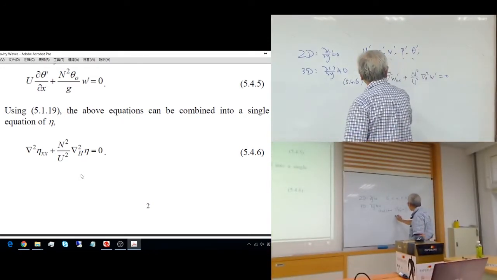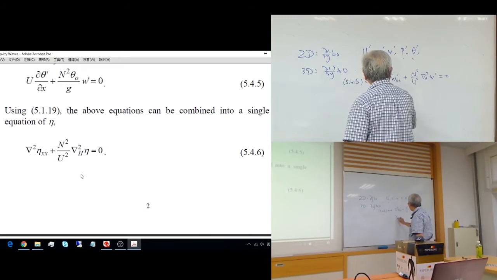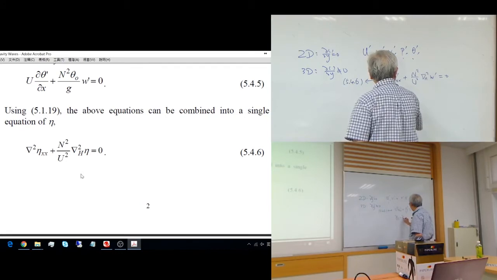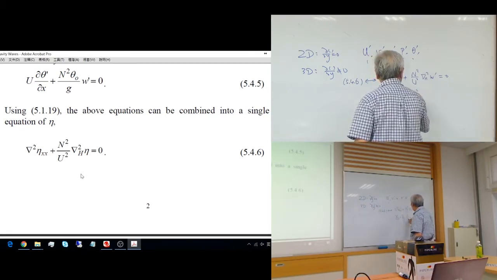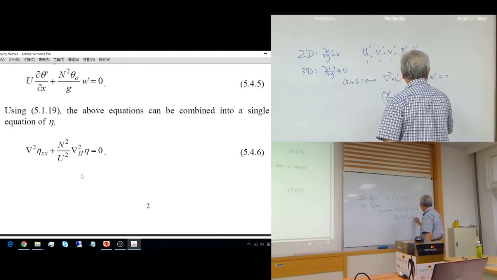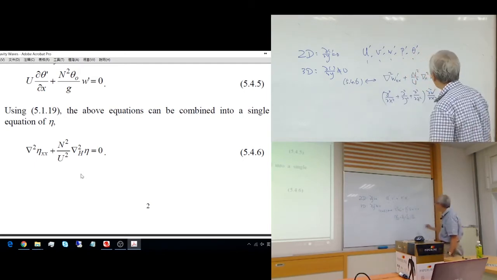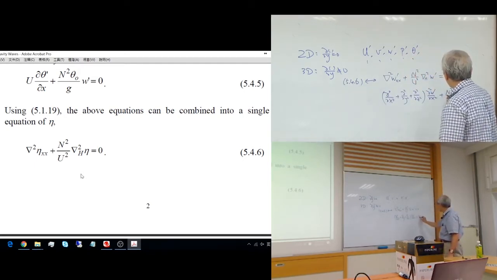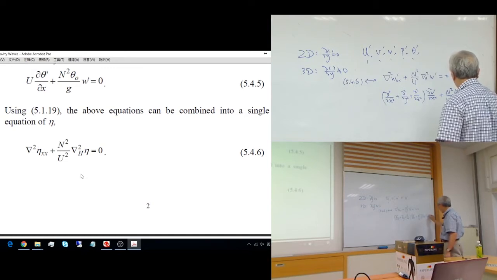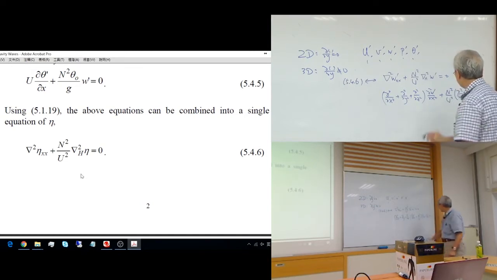This means we have partial x squared plus partial y squared plus partial z squared of w prime, plus N squared over U squared times partial squared w prime over partial x squared. This h means horizontal only, so it is only the horizontal Laplacian, equals 0.